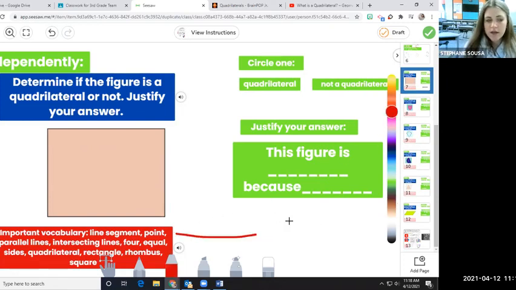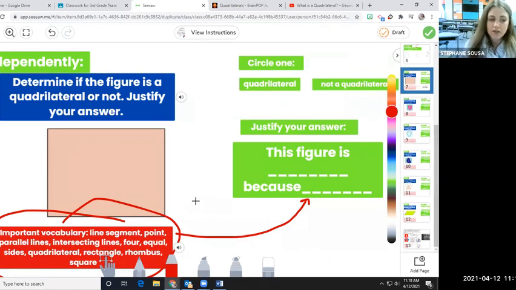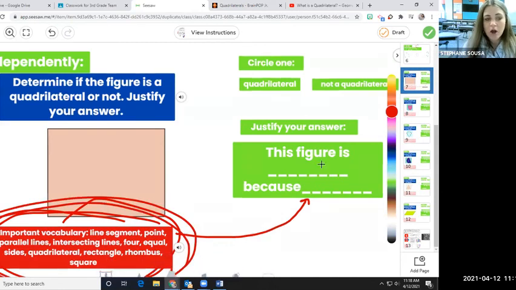fill in the because, I should hear this vocabulary. I should hear things like there are 4 line segments. I should hear things like there are 4 points. I should hear things like it is a rectangle. So this vocabulary I should hear on your slides. I will not hear every single word.